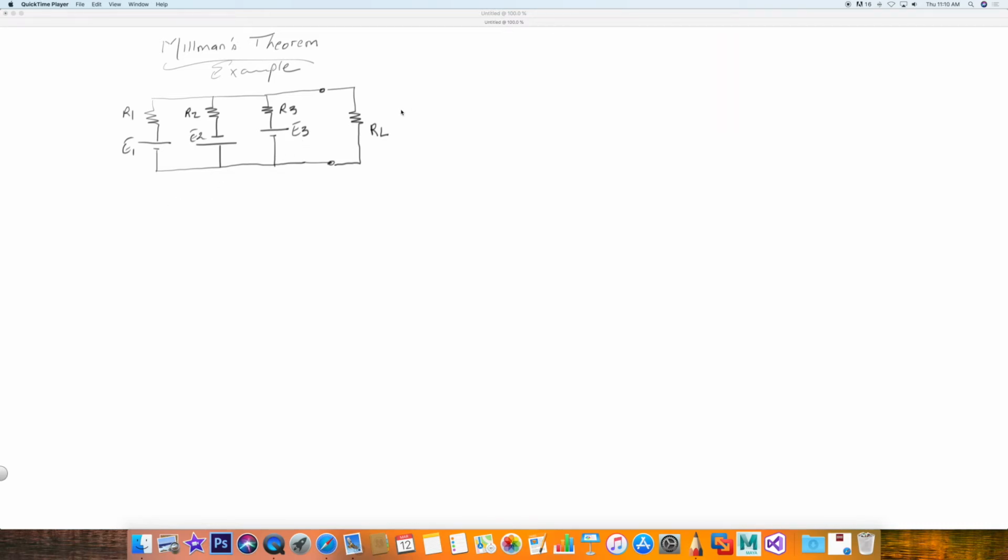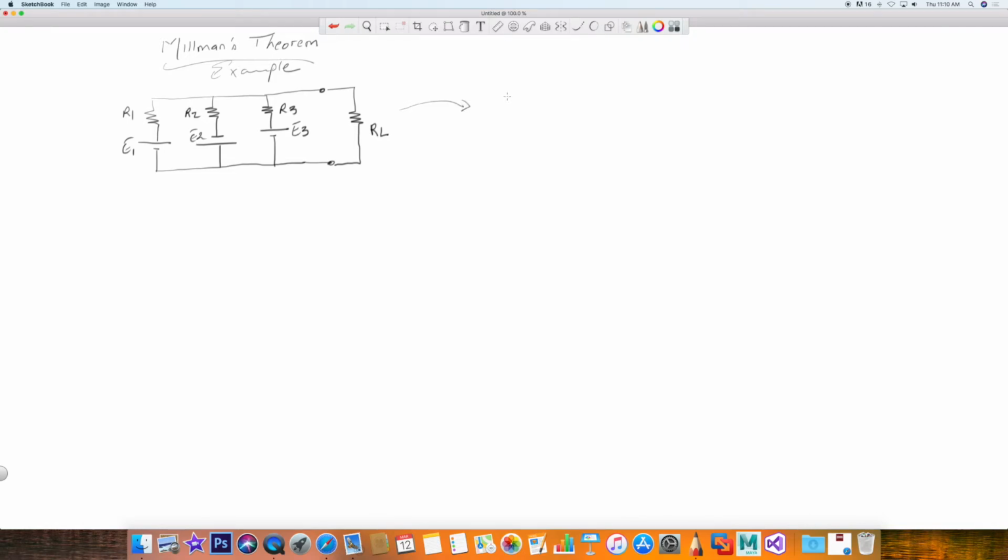So what this means is eventually I will end up with an E equivalent of some form here, and some sort of a resistor equivalent, just like we did with Thevenin, R equivalent, between points A and B, and then we could have our load connected to this, so RL right here.